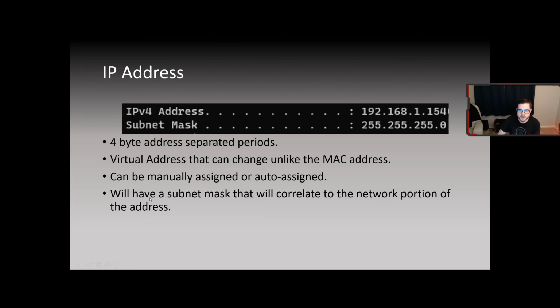And so you also have a subnet mask that correlates with that IP address. And that subnet mask will correlate to what is the network portion of the address. So as we were just talking about the local area network, you have a host portion of your IP address, and then you have your network portion.